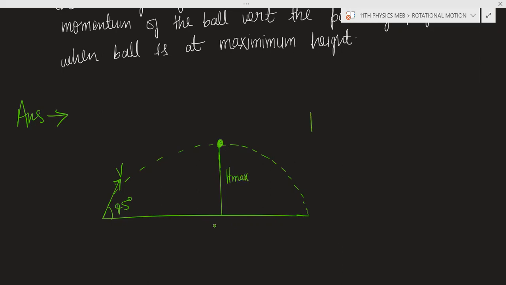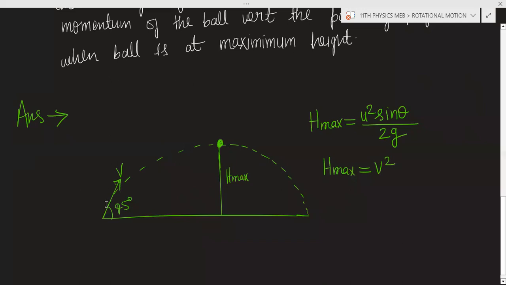And what is the maximum height for the projectile? U square sine square theta divided by 2g. And what is the angle here? 45 degrees. So the maximum height will be, u square means v square, because here instead of u, it is thrown with the velocity v.